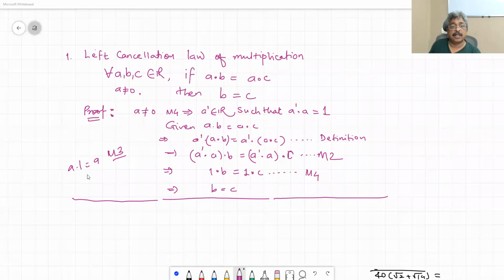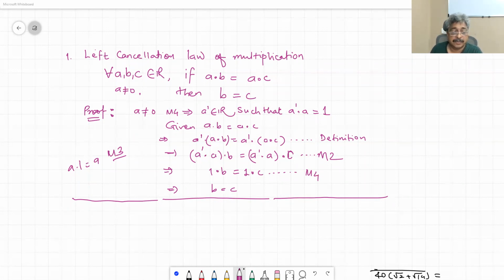So the left cancellation law of multiplication is done, and hence we can declare that the right cancellation law of multiplication is also done. Now let me write down the next important theorem, which is the annihilation theorem.